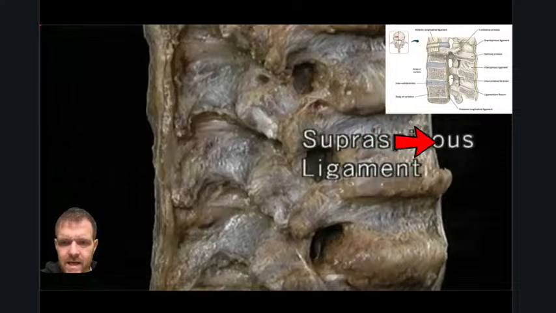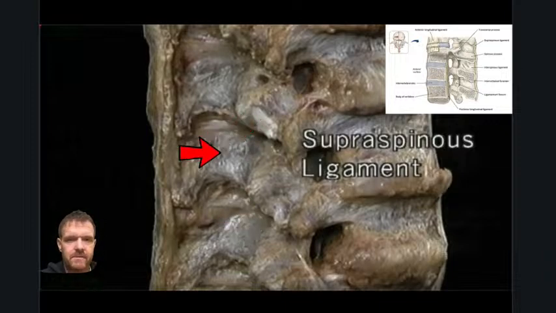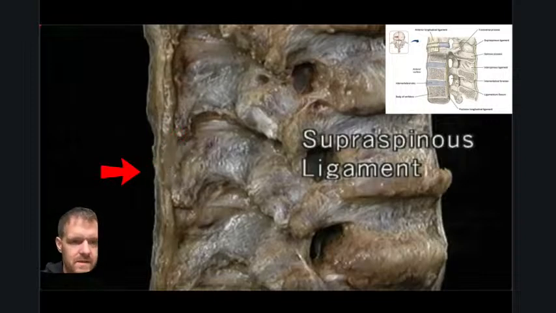Part of the anterior longitudinal ligament is missing around here, so it does look a lot cleaner than it would be. And obviously all the muscles are gone as well. There's no muscles on this picture. So there's a lot more going on in this area than what you see even in this image. But that is a really good dissection to show the individual ligamentous structures.